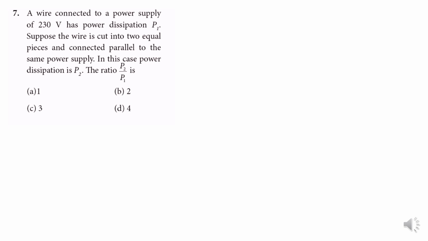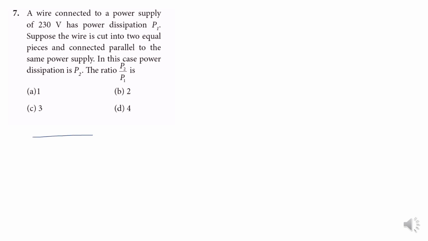Question number 7. A wire connected to a power supply of 230 volt has power dissipation P1. Suppose the wire is cut into 2 equal pieces and connected in parallel to the same power supply. The power dissipation is P2. Then the ratio P2 by P1 is.